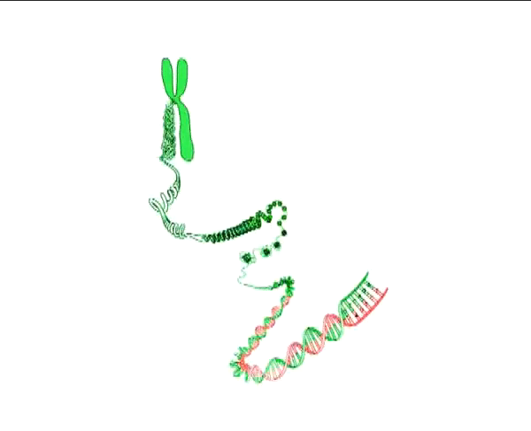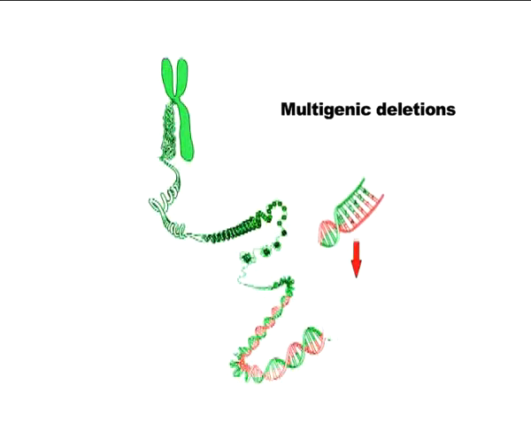In this lecture, I will discuss multigenic deletions, that are those deletions which remove 2 to several thousand genes. When a segment of a chromosome is absent, the genes normally situated in the missing segment are also absent.